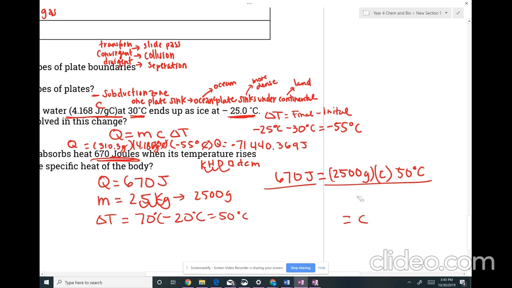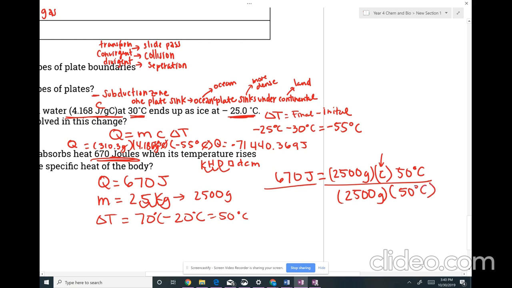Backtracking just a little bit, now I have my equation set up, so now I'm going to be isolating this variable right here. What I'm going to do is divide each side by the same thing, because the inverse of multiplication is division.